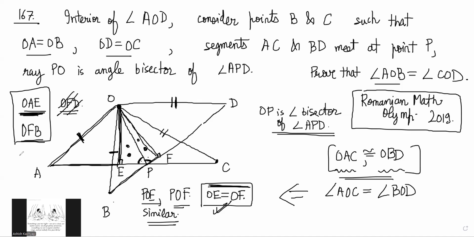So by AAS, congruency has happened. And if congruency has happened, now similarly, we know angle OAE will be equal to angle OBF, right? These angles are the same.